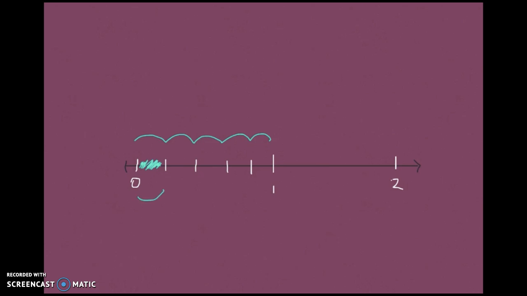Here's the one that we've traveled towards the 1. So, out of the 5 total sections between 0 and 1, we have traveled 1. So we would call this number here 1/5.